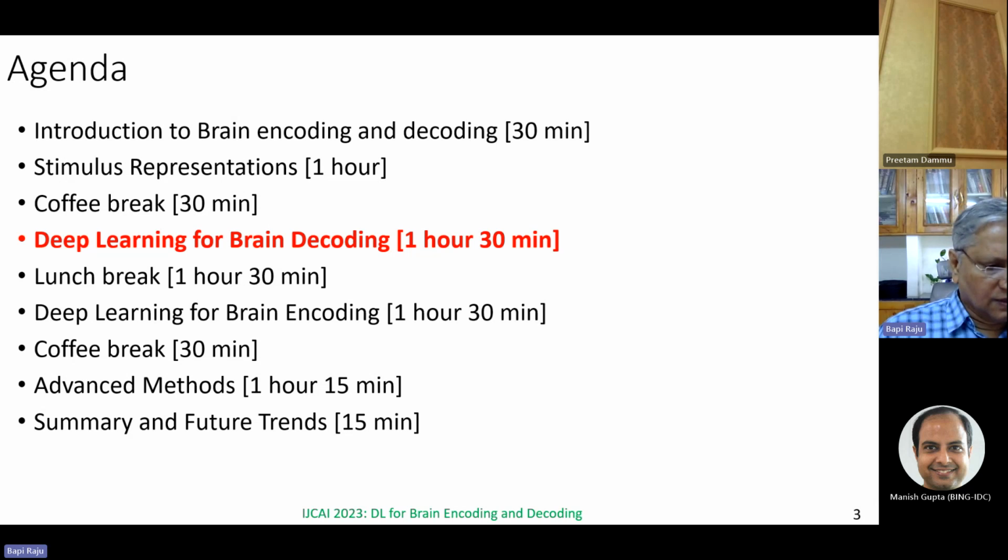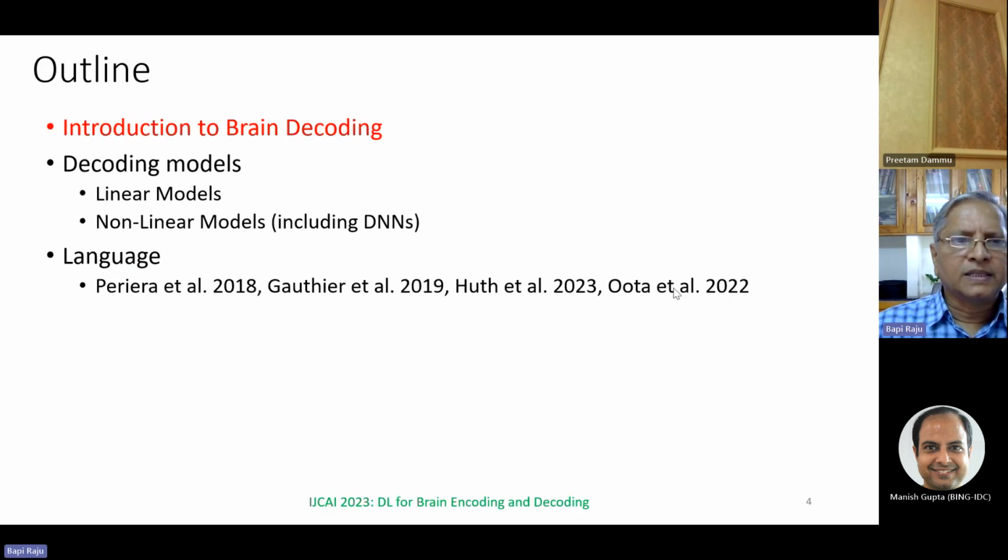So this is the agenda for the next 50 minutes or 1 hour. I'll start with asserting the difference between encoding and decoding. Then we look at basic strategies of nonlinear or linear models for building these decoding engines.